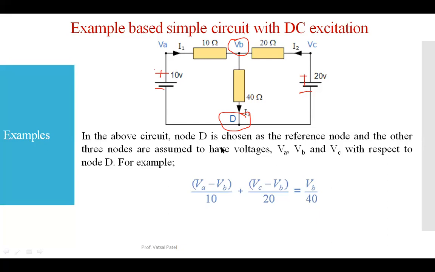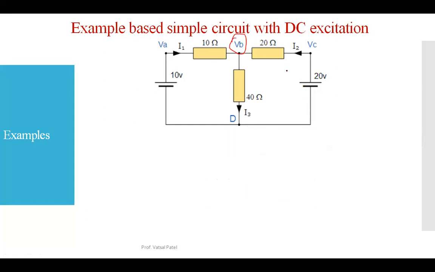But if you see one particular branch having two terminals or two nodes, over here you can see that the 10 ohm resistance is connected with VA and VB. The 20 ohm resistance is connected with VB and VC.